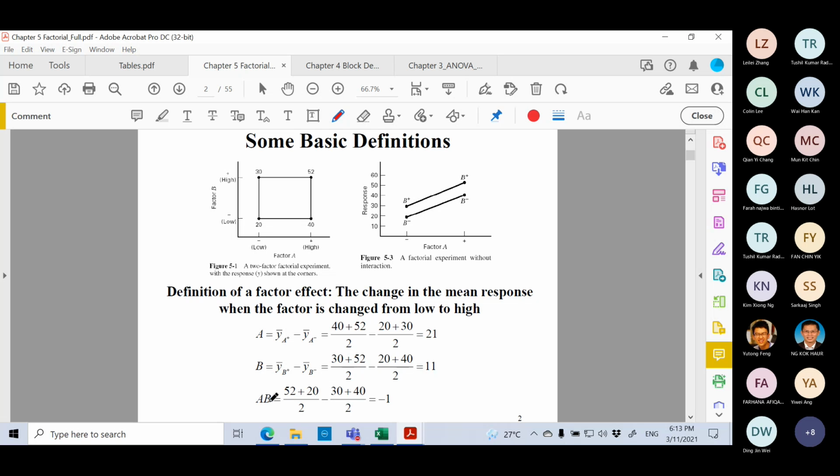What happens with the changes of the AB? For the case of the AB, we take the average value of the cross product here, minus away the cross of here. Then you will get a negative value. So their interaction will get a negative value of the effect. So here you have these three factors instead of only the factor A and the factor B alone.